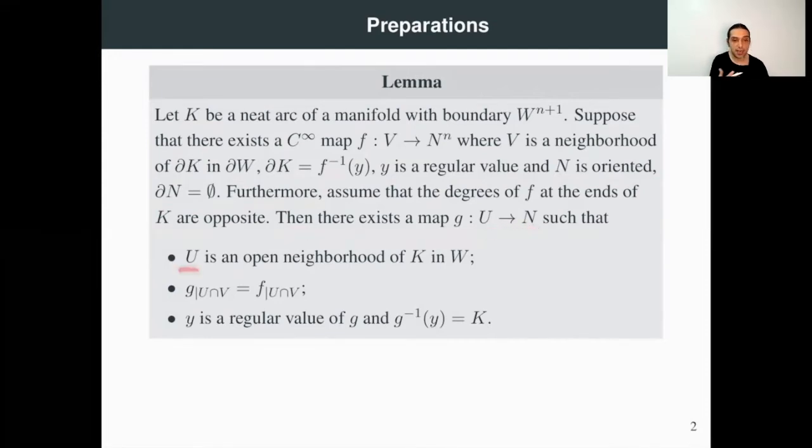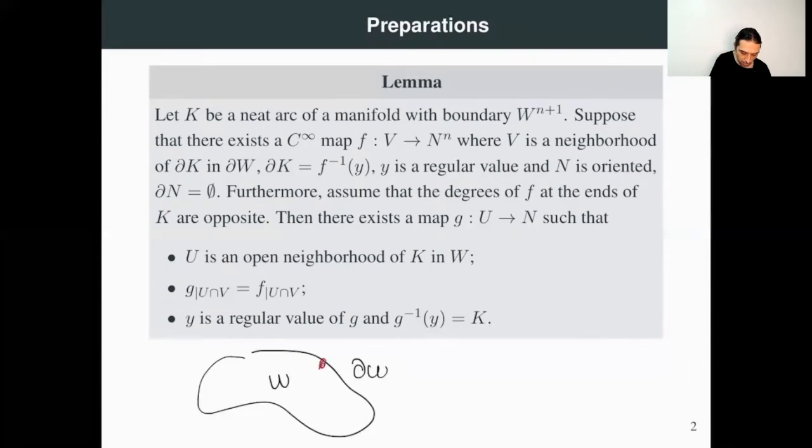The first one is that U is an open neighborhood of K in W. The second one is that G and F coincide in the intersection of their domains of definition. And the third one is that Y is a regular value of G and the preimage of Y is indeed K. So we are in a situation in which this is W, this is the boundary.